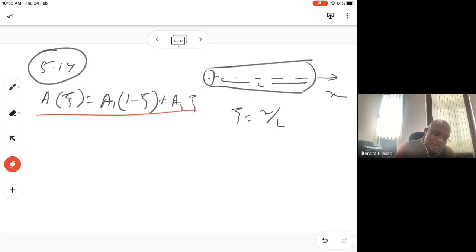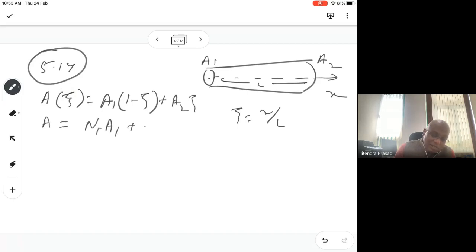We are composing it like this. A1 here and A2 here, right? So if A is linearly increasing, then you can actually write A is equal to N1 A1 plus N2 A2.